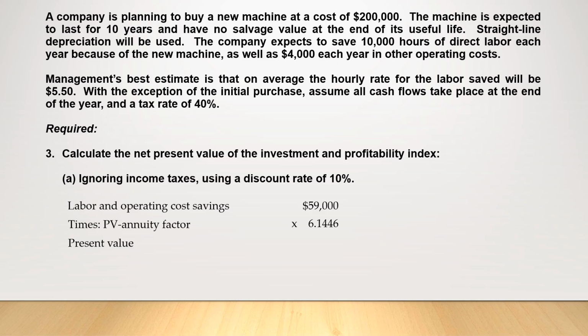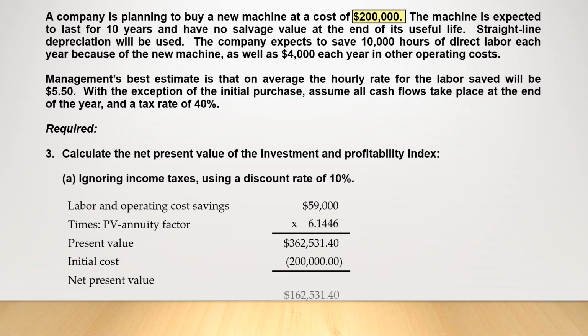The present value of the annual $59,000 in cash flow savings is $362,531.40. To get to the net present value from the present value, we subtract out the machine's initial cost of $200,000, which will be $162,531.40.